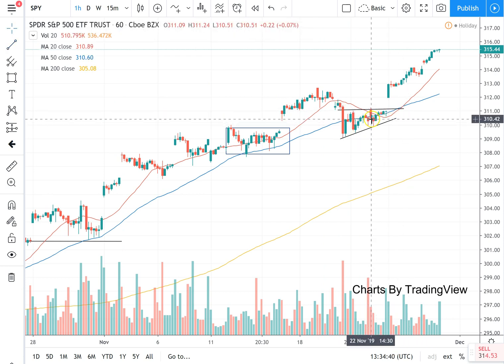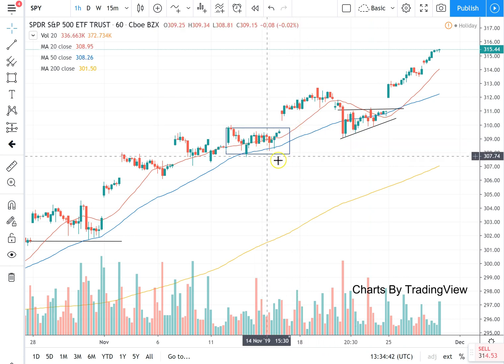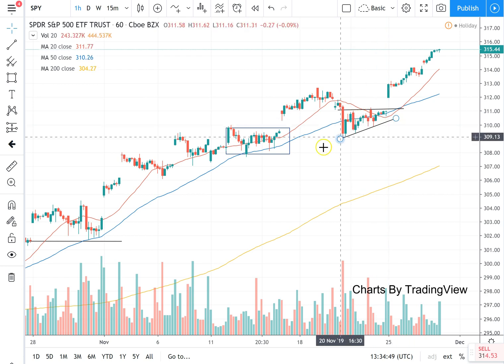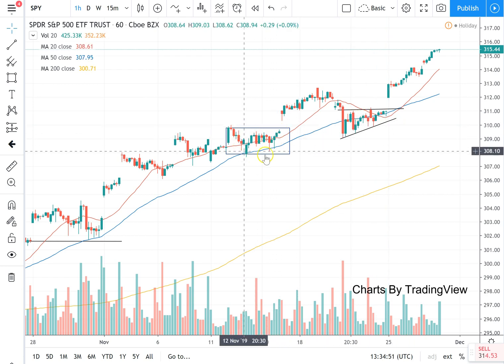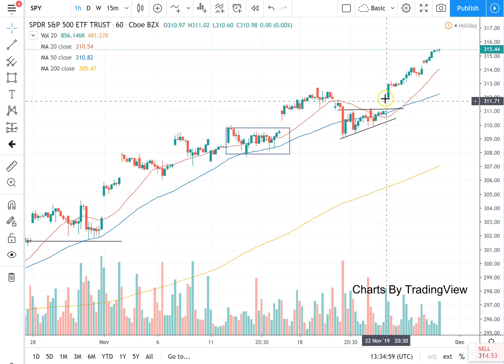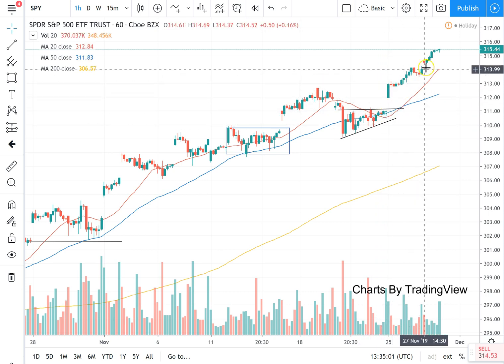And it broke out of the ascending triangle at a support area. So when you have a pattern, a continuation pattern or a reversal pattern, that happens in a support area, the odds of it moving higher when it breaks out of the pattern is very good. And SPY broke out of this ascending triangle and it went up all the way.